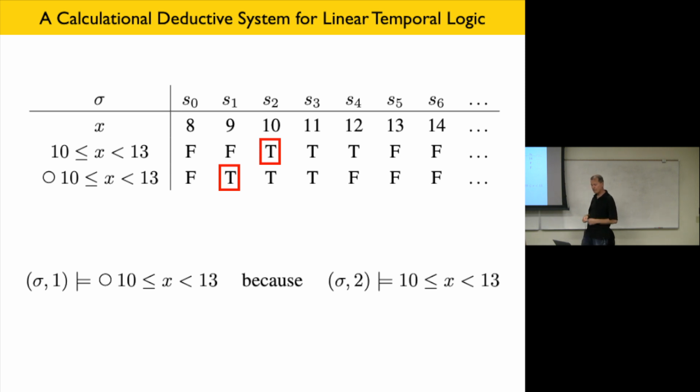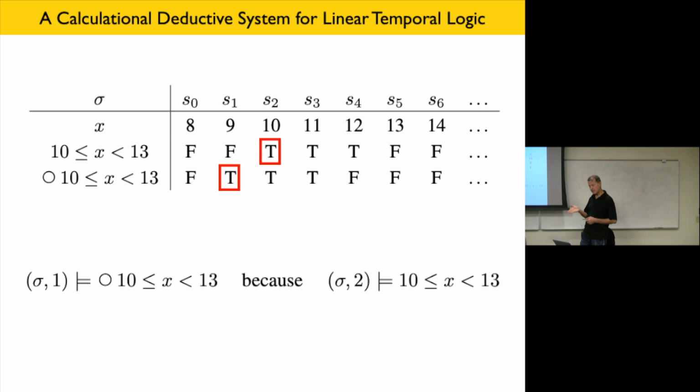Okay, so now look at this. Here's an example. Suppose the values of x in states S0, S1, etc. are 8, 9, 10, 11, 12, 13, and 14. And we have this expression, 10 is less than or equal to x is less than 13. Is everybody with me on the second row there? It's false, false, true, true, true, false, false, right?